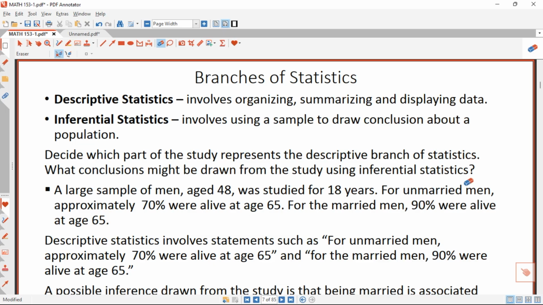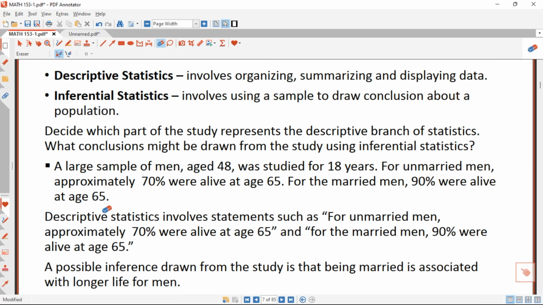For unmarried men, approximately 70% were alive at age 65. For the married men, 90% were alive at 65. So they want to hear our thoughts on the descriptive branch of statistics and then inferential statistics.